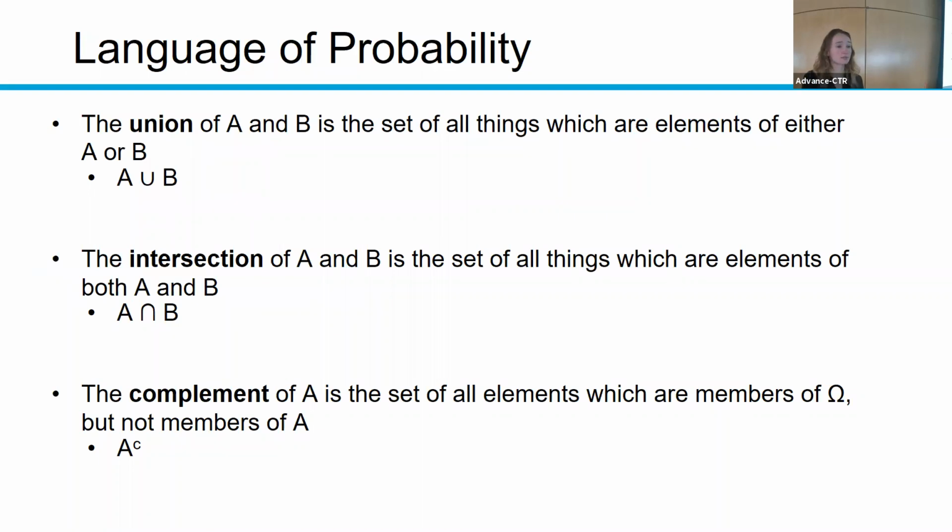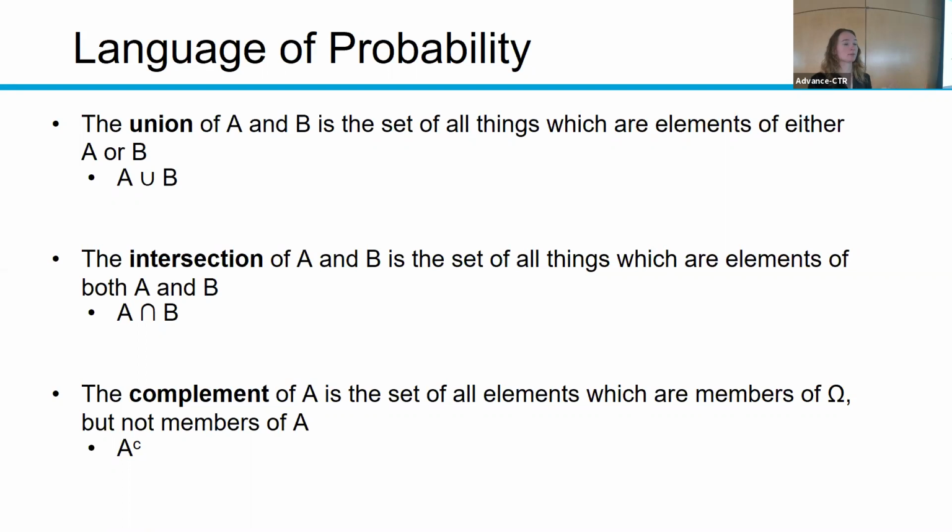Okay, so some language of probabilities and some set notation. The union of A and B is the set of all things which are elements of either A or B, and it's denoted A ∪ B. And we'll go over all of these in more detail on later slides. The intersection of A and B is the set of all things which are elements of both A and B. So union was like that example before when I said I believe it was a 2 or a 5.